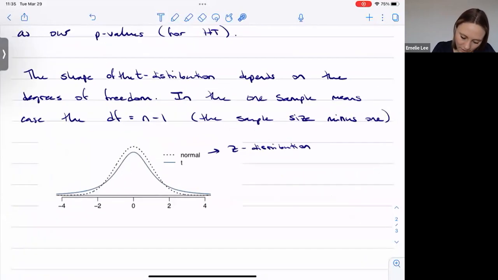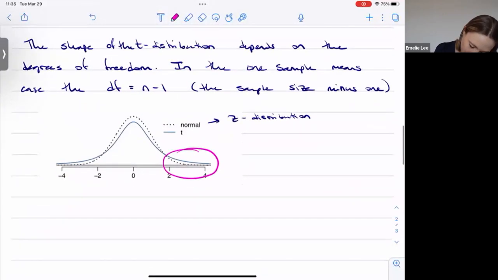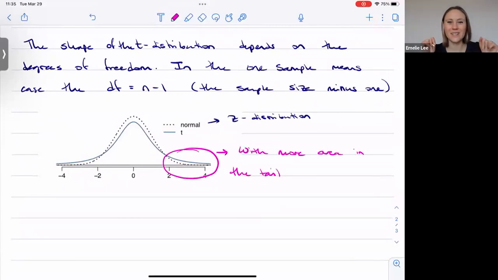So here, the t distribution, with more area in the tail, is also called a fat tail distribution. We're just allowing for more extreme observations.